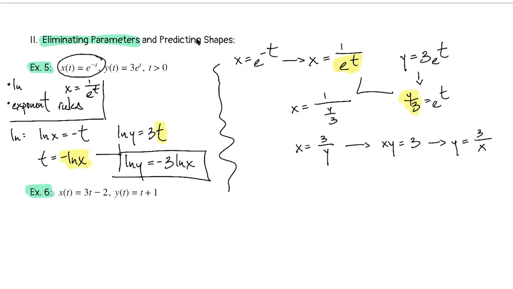Now, is this a graph that we know what it looks like? And I hope the answer is yes. This should look a lot like that y equals 1 over x, except it has a vertical stretch of 3.